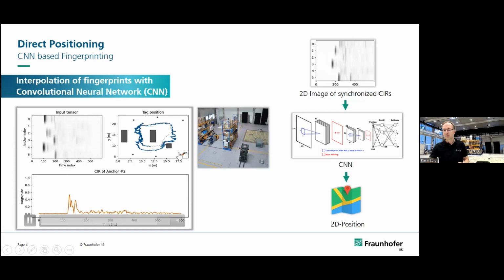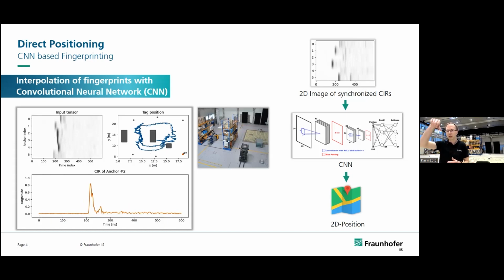So in this way, we somehow interpolate the fingerprints with the convolutional neural network because we have collected a lot of data in the area, which are the fingerprints. So one typical channel impulse response for each signal received for each point. And the neural network helps us to later have less memory that we need to do the positioning.